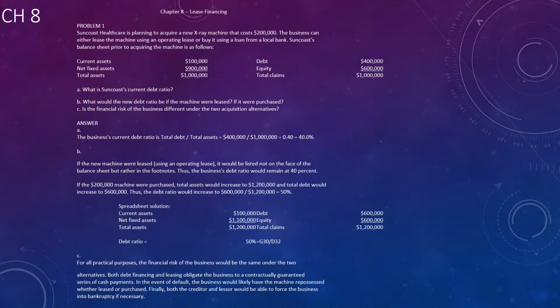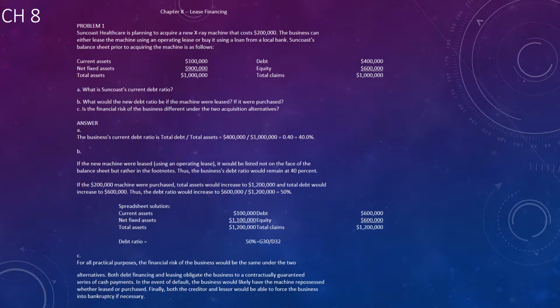It all comes down to what comfort level do you have with your debt ratio. And then as we get later on and we talk about bonds and bond ratings, if we get into that later, there are minimum requirements or maximum requirements of debt ratio. So that would come into play here.